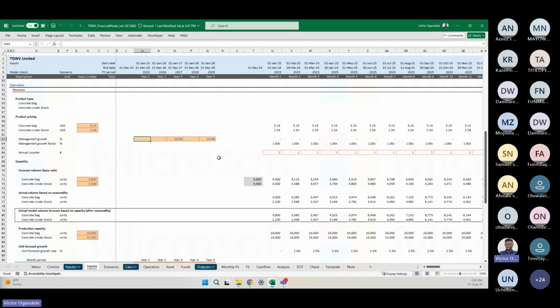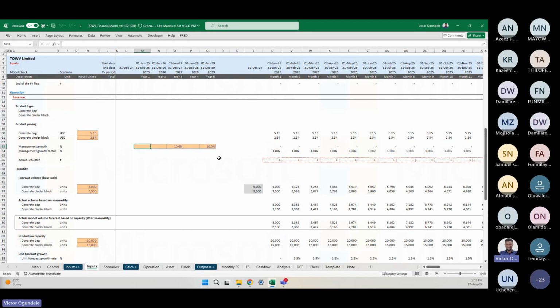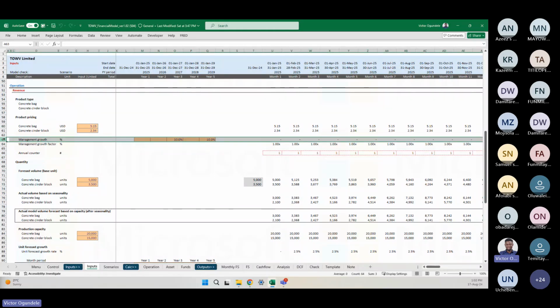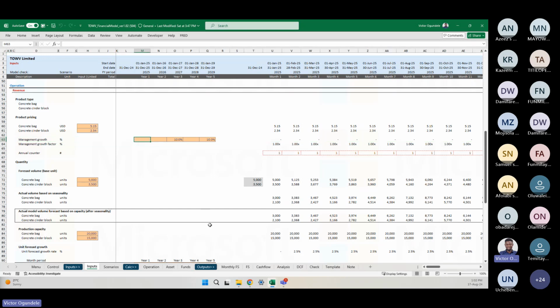Yes, so last session, we were able to build out our operation input and we worked on our product pricing and also the product quantity. For the product pricing, we stated what the base price would be. I also incorporated management's expected increment, right?